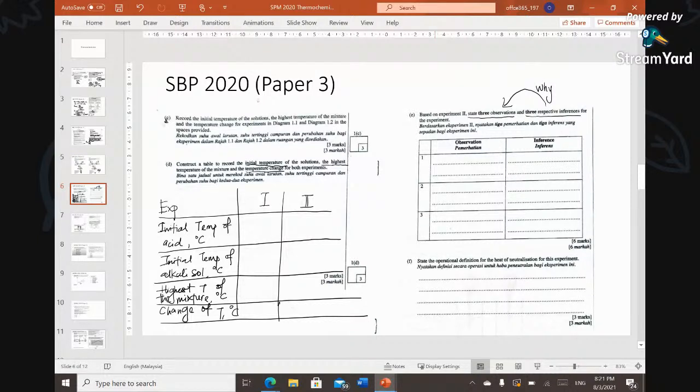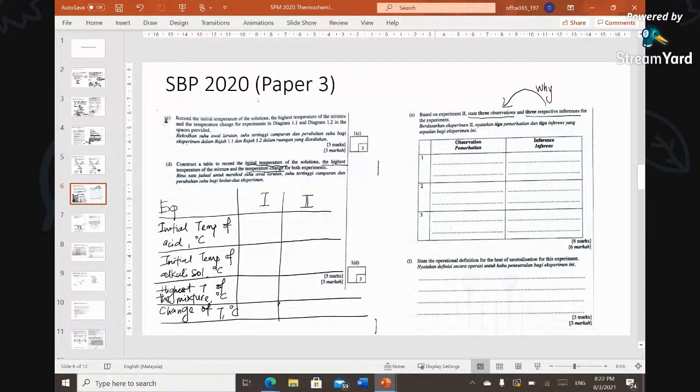Okay, so this is how you relate them. So 3 observations you have to write down in the table. The observation that you can see is that when they release heat, the polystyrene cup will become warmer, or in another word you can say the temperature increases, thermometer reading increases.